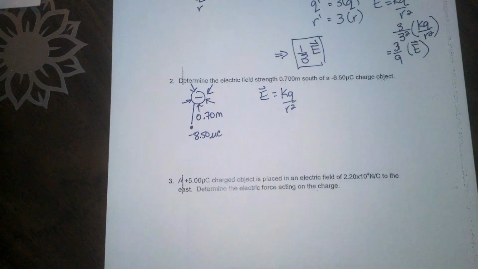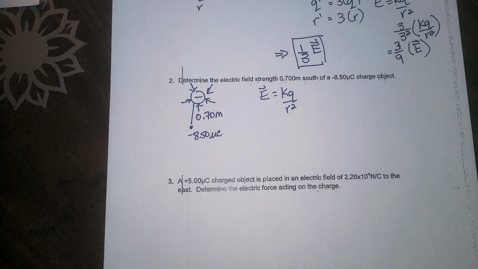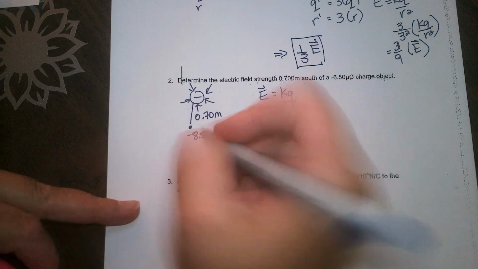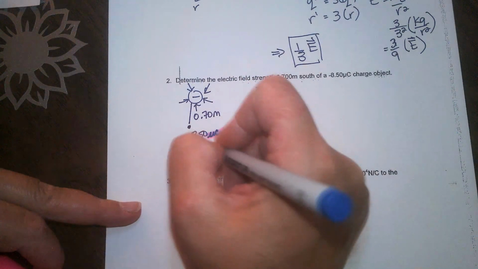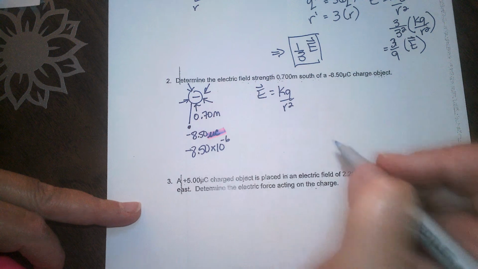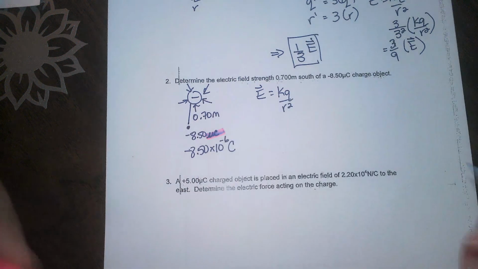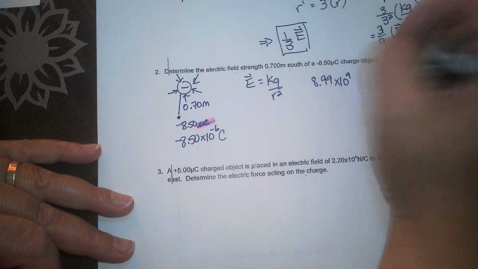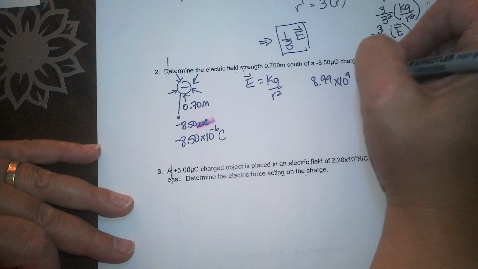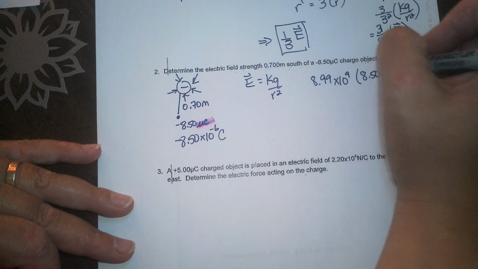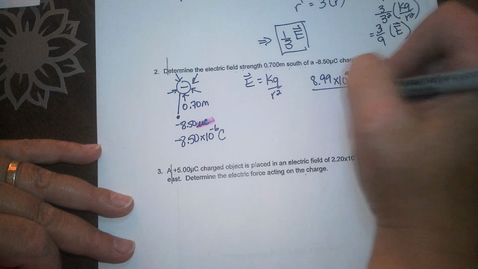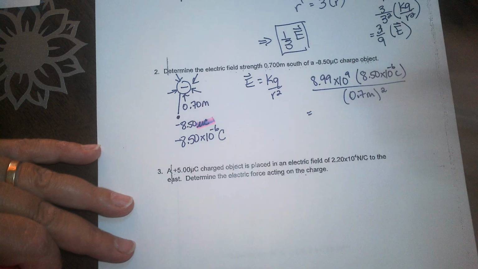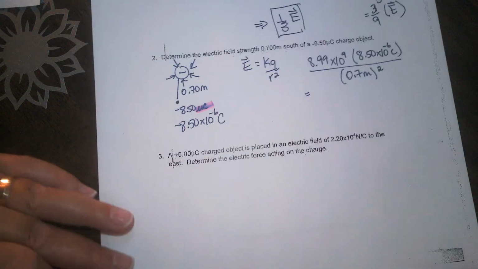What are some things we need to pay attention to? Microcoulombs has to be changed into coulombs, so negative 8.50 times 10 to the negative 6, that's what micro is, coulombs. So 8.99 times 10 to the 9 multiplied by 8.50 times 10 to the negative 6 divided by 0.7 squared.